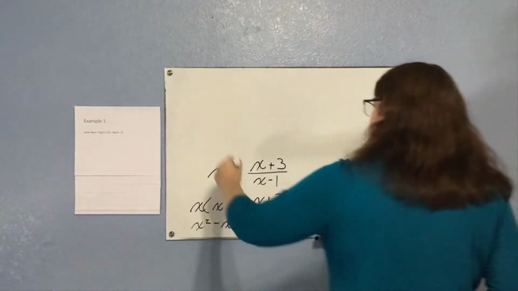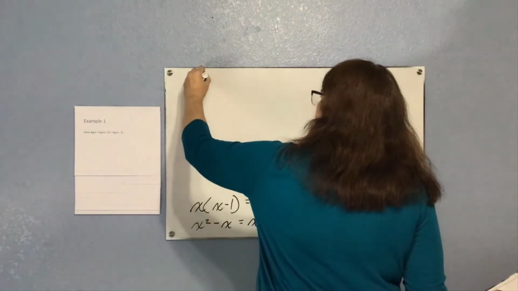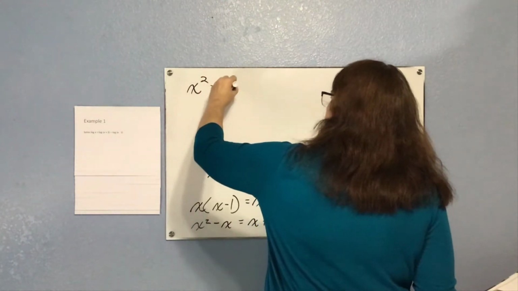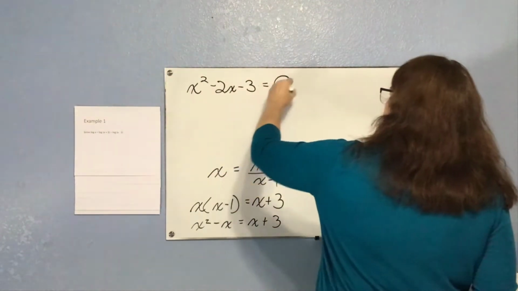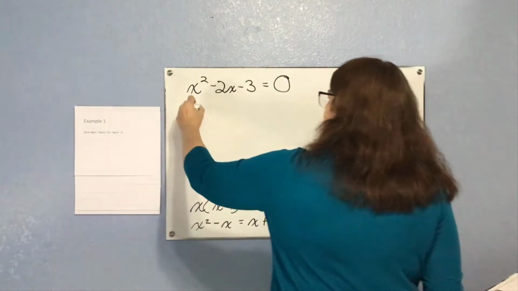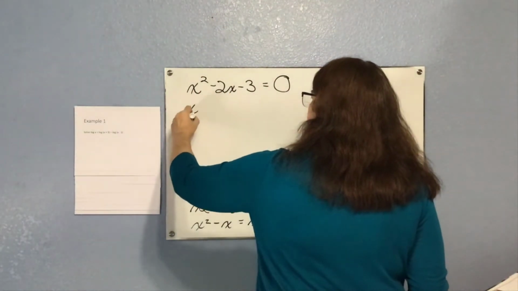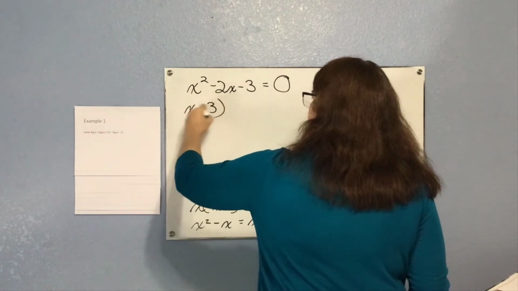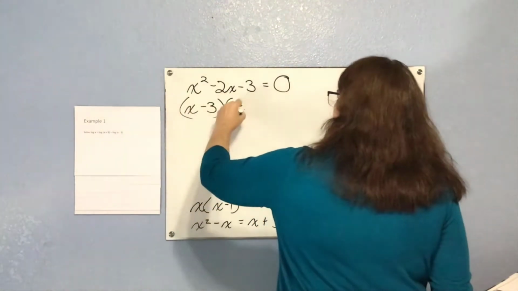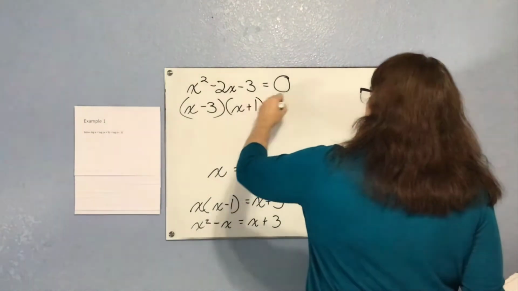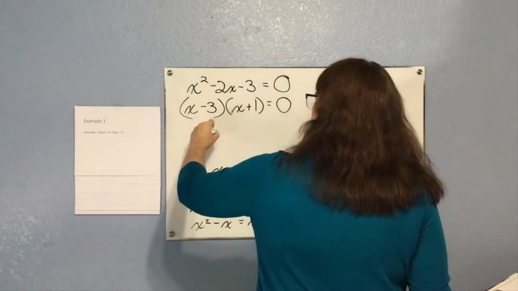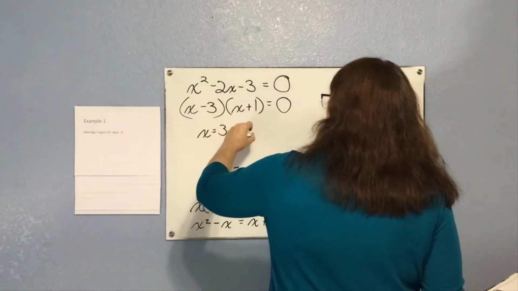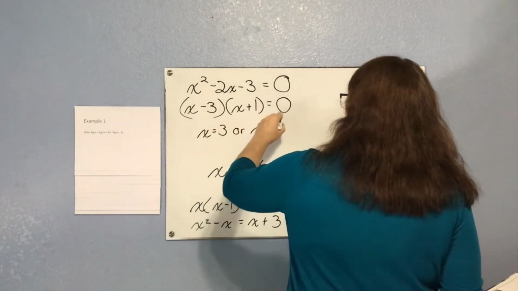You get everything over to one side. So now I have x squared minus 2x minus 3 equals 0. I can factor this into x minus 3 times x plus 1. And my result is x equals 3 or x equals negative 1.